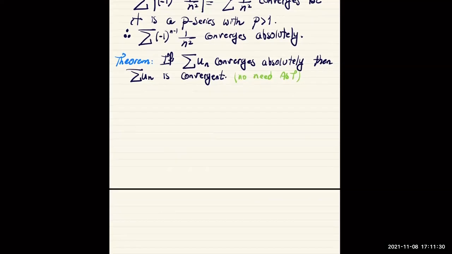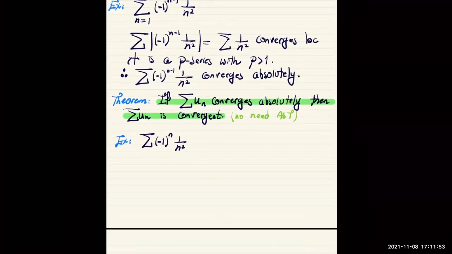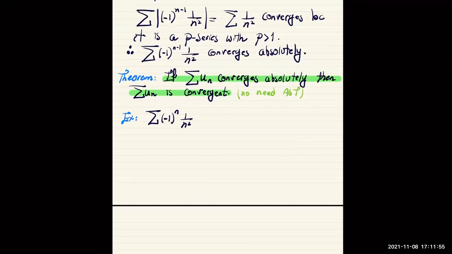For example, this is what we just did. We just said that this thing converges absolutely. We did that in the last example.